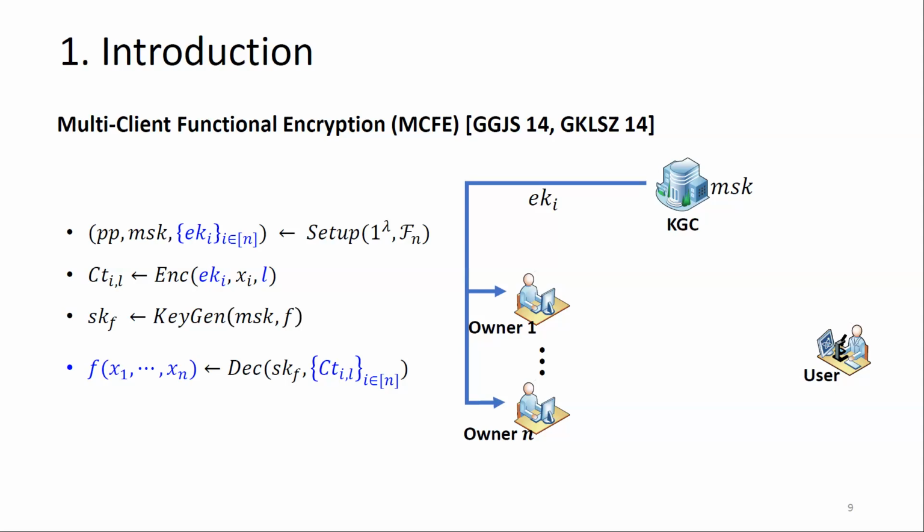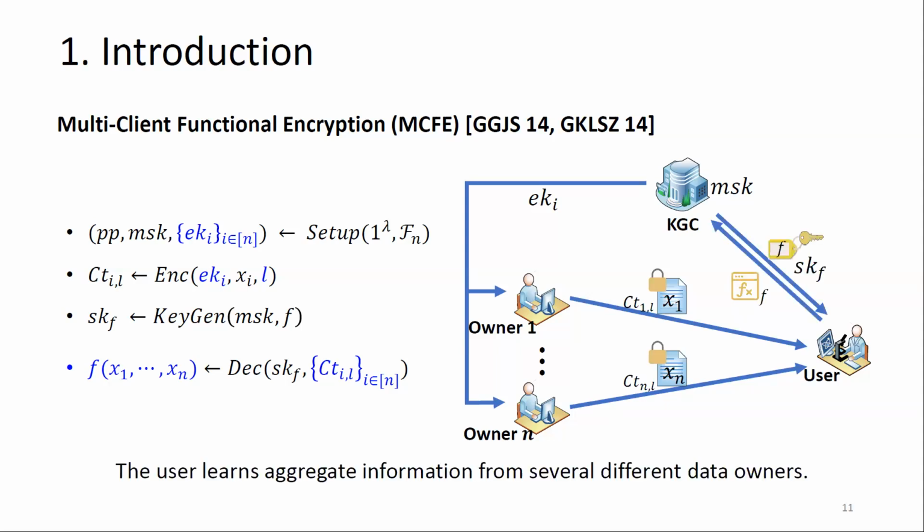With the label L, each owner uses EK_i to encrypt the private data X_i and sends it to the data user. When all ciphertexts correspond to the same label, the data user who obtains the functional key SK_f can obtain this multivariate function value.